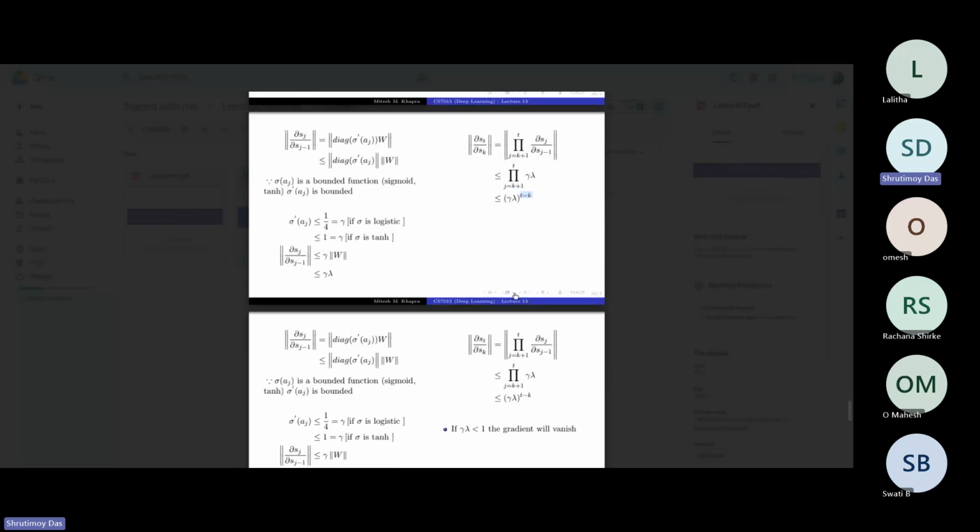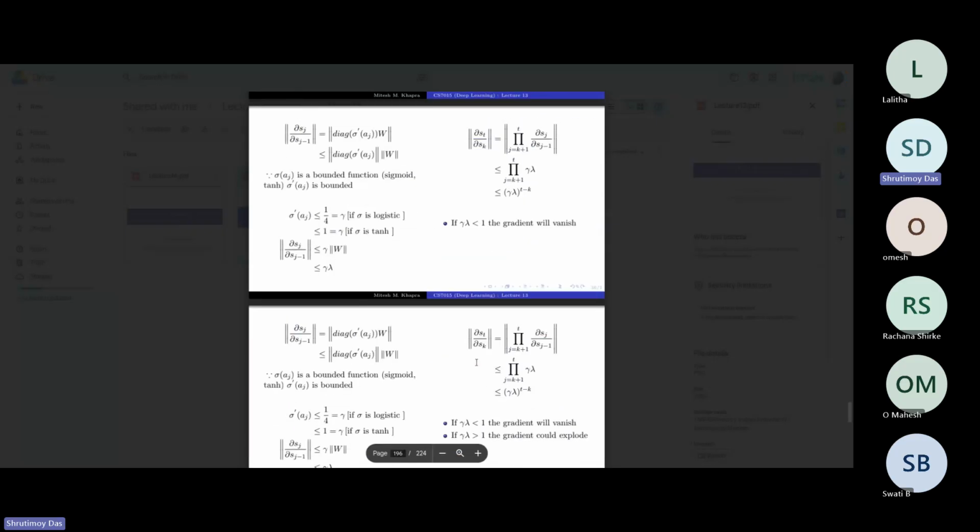So this is a multiplication, going from k plus 1 to t, so you will have at most t minus k terms. It will be just a multiplication of t minus k terms.